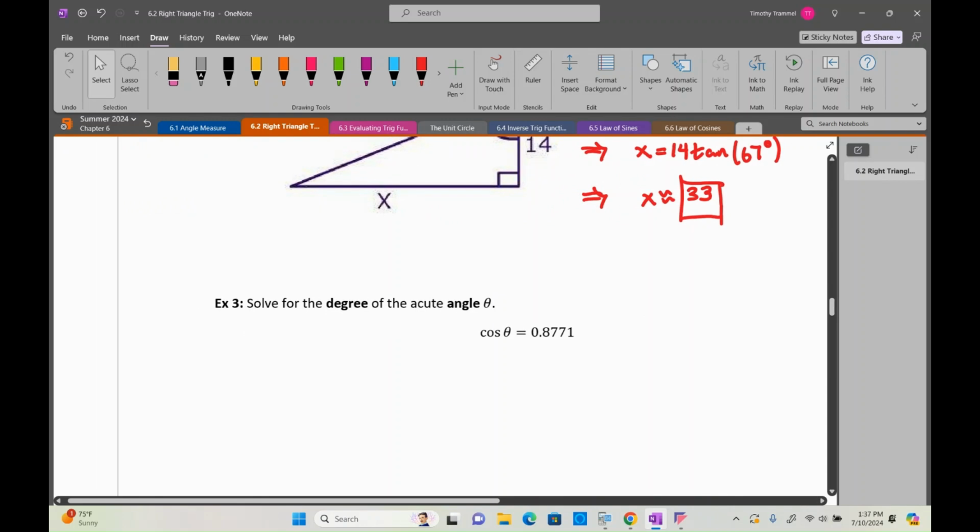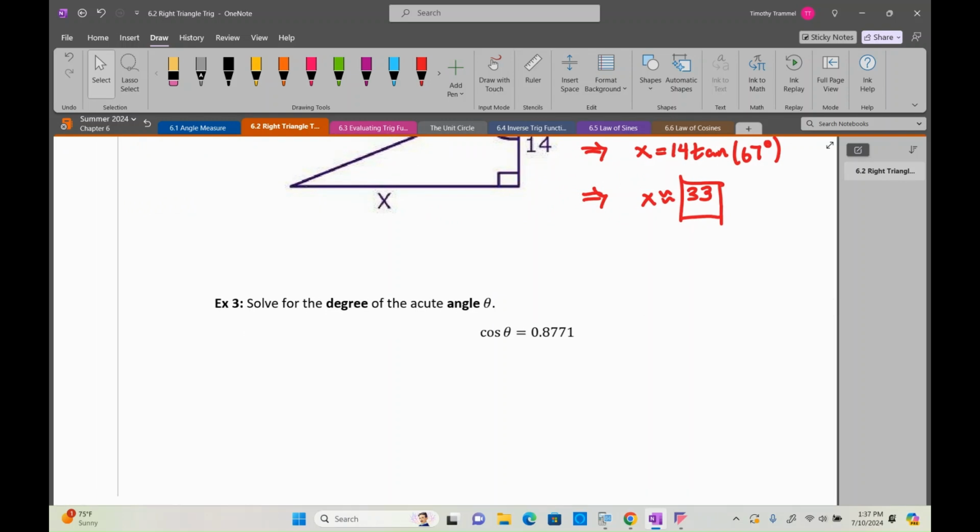And 0.8771 is not one of those numbers that we're used to seeing as the x or y coordinate on the unit circle, right? We're used to plus or minus 1, plus or minus root 3 over 2, plus or minus root 2 over 2, plus or minus 1/2, and plus or minus 0. And this is not one of those. So the unit circle doesn't exactly help us here, but we can use our calculator for this.